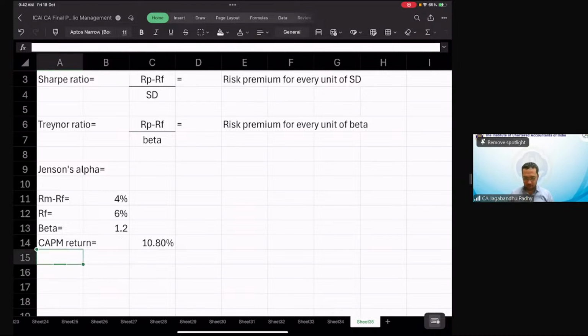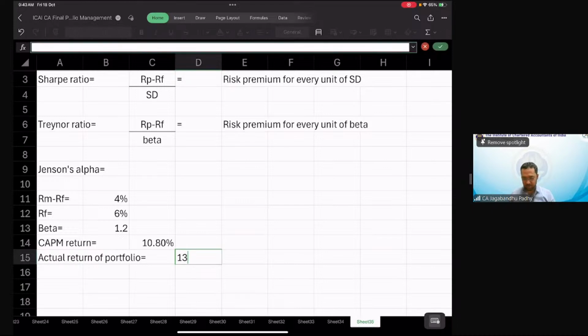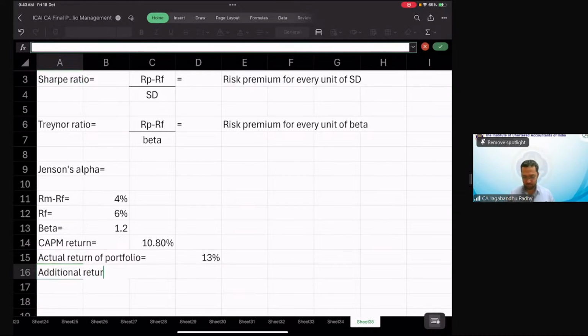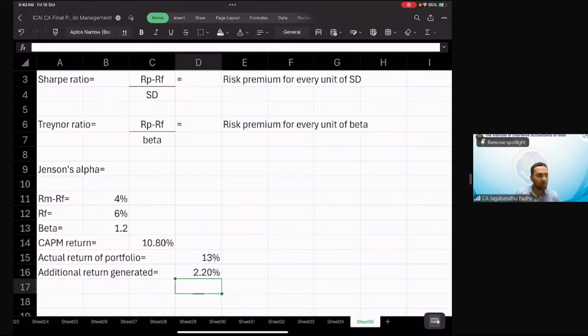Now, if your actual return of portfolio is, let's say, 13%, has the portfolio performed better or below? Better, sir. So what is the additional return generated? Additional return generated is 13 minus 10.8, which is 2.2%.